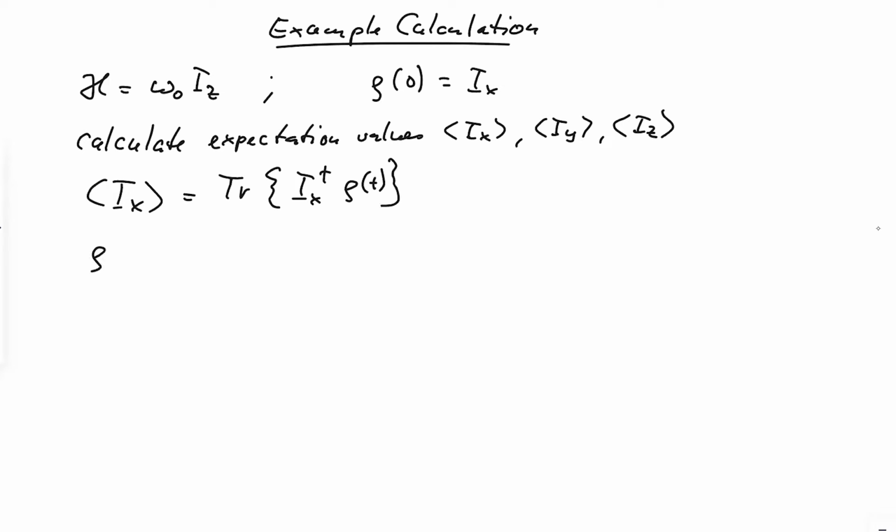And rho of t simply is e to the minus i H t times rho of 0 times e to the i H t.